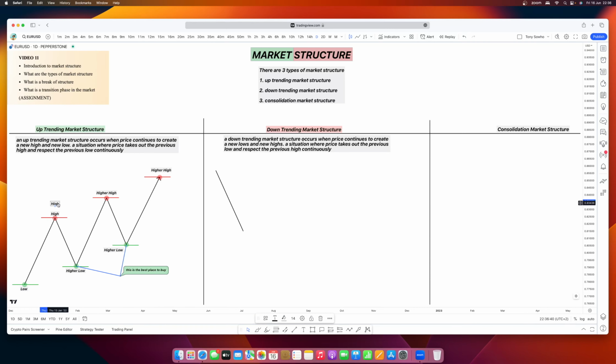Price is giving us this high and we have this low. So now, the downtrend in market structure occurs when price continues to create a new low and a new high. So price sold from this high to this low. Then price started to retrace, reject all the way back to the upside. Price should find some kind of resistance, and the price should sell down.